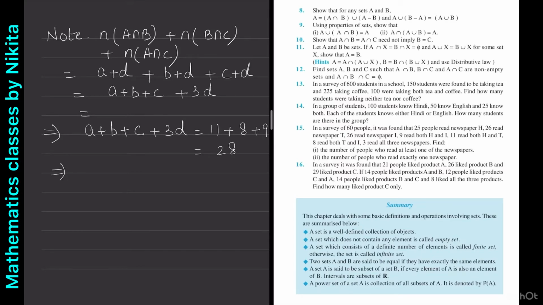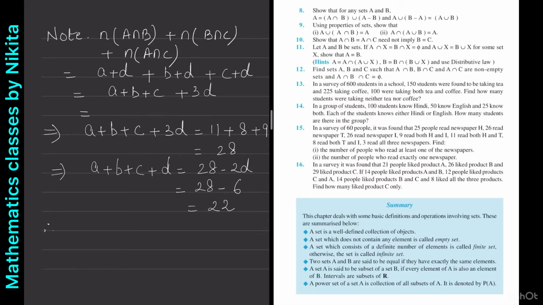And from here I can find what is A plus B plus C plus D. So this will be equal to 28 minus 2 times D which is equal to 28 minus 6, D is 3. So this is equal to 22.